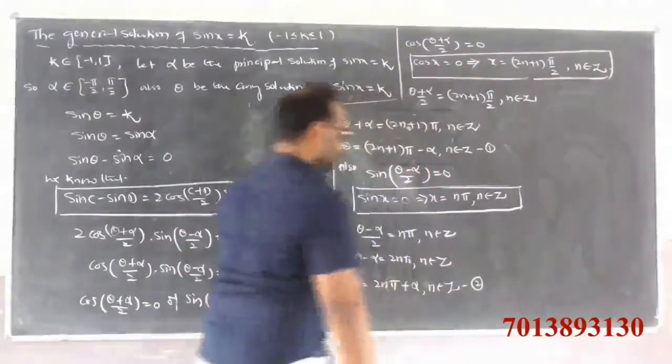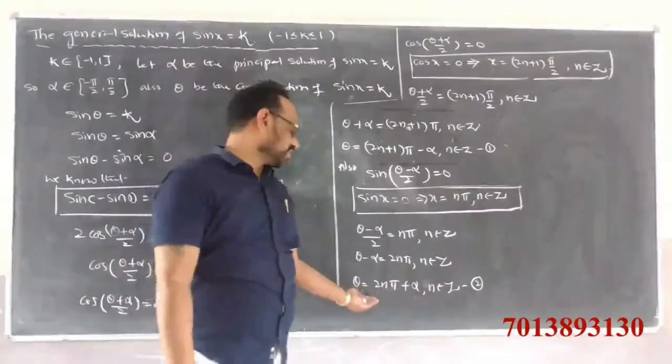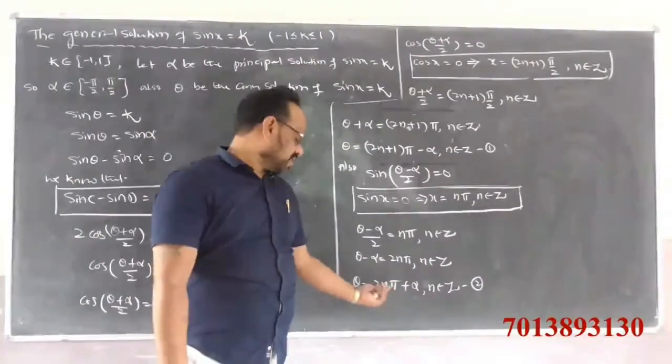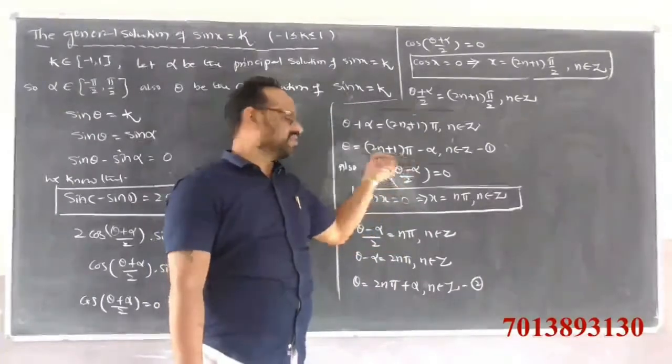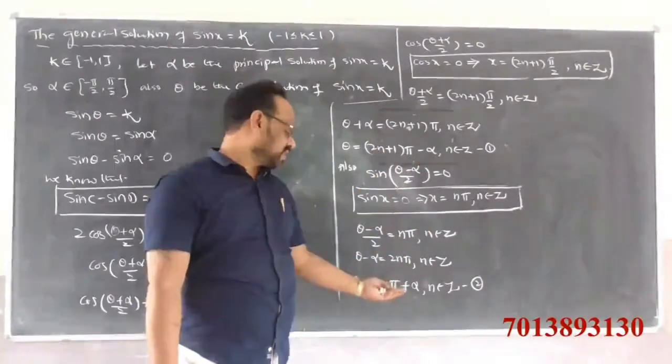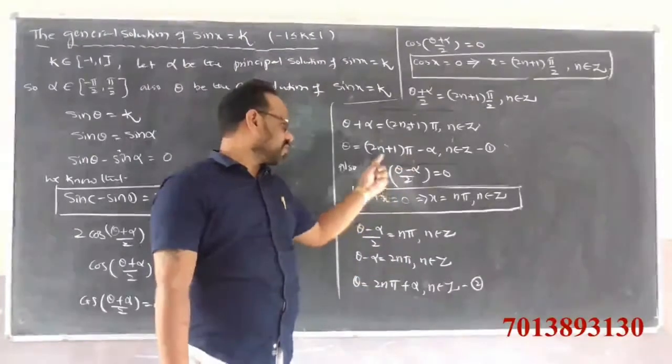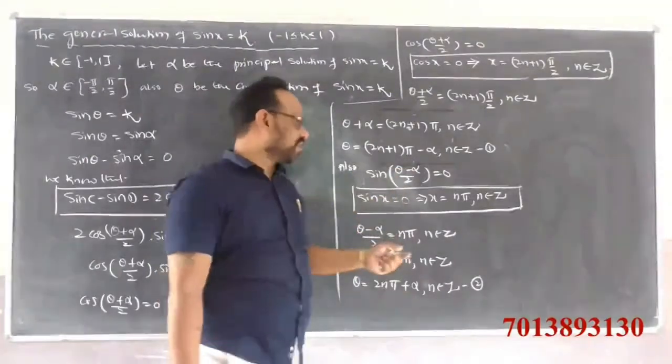This is equation number 2: theta is equal to 2n pi plus alpha. 2n is the general form of even numbers. 2n plus 1 is the general form of odd numbers. What is the union of the solutions from 1 and 2?